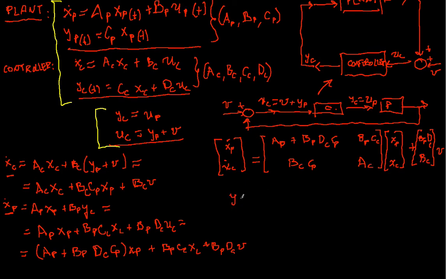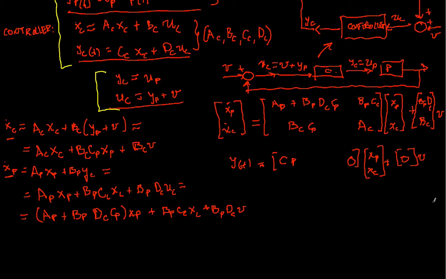What about output? Output is also Y of t is equal CP 0 and then XP, XC plus, here I'll put a 0 V, which denotes that direct transfer from V into the output is 0.